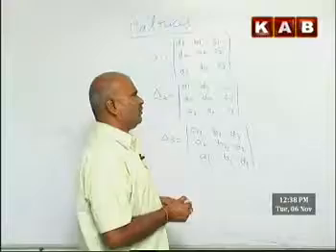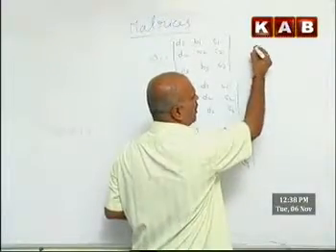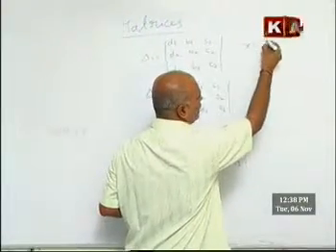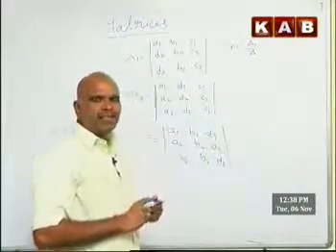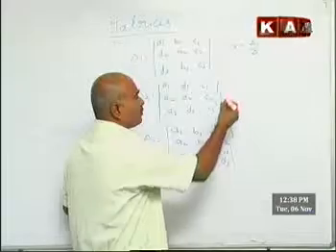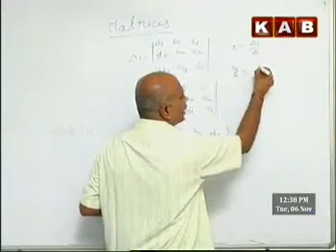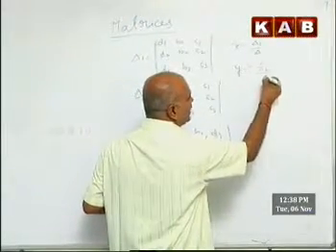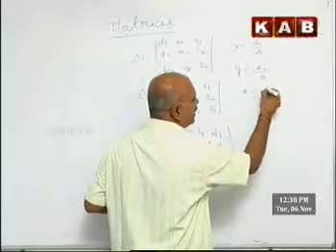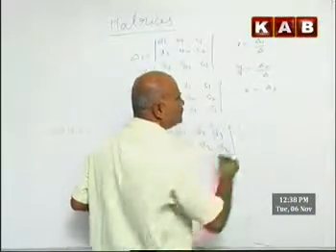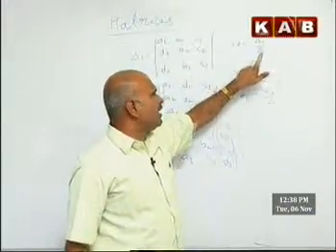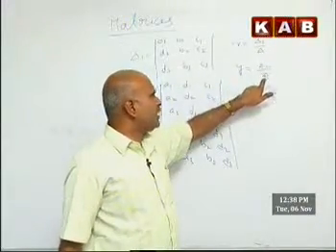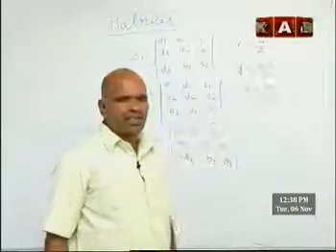Right. Why are you defining this much, how do you find it and what is the value of this one? It's very simple now. After evaluating all these determinants, x is delta 1 by delta. Y is delta 2 by delta. Z is delta 3 by delta. You understand this part now. So we can solve x as delta 1 by delta, y as delta 2 by delta, z as delta 3 by delta.